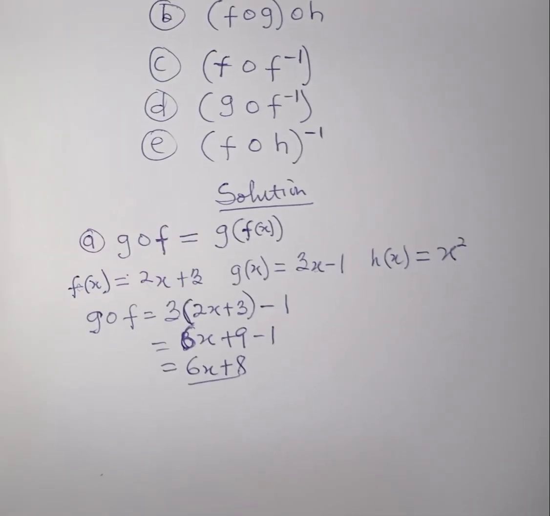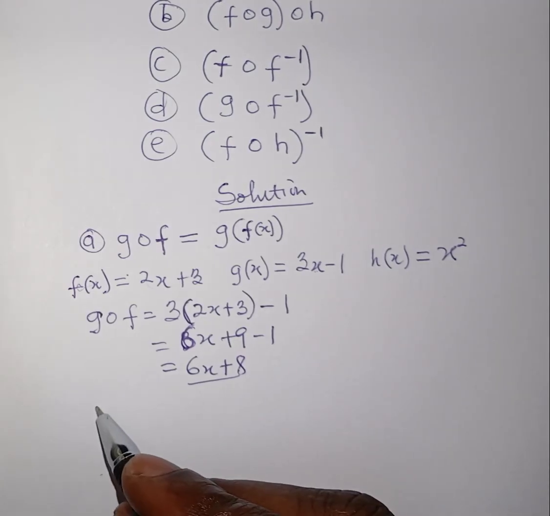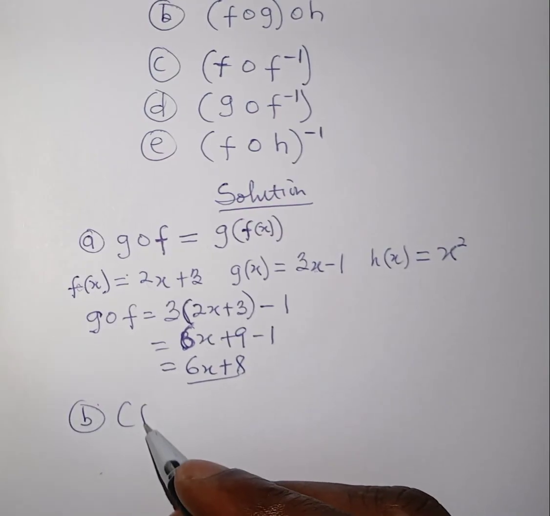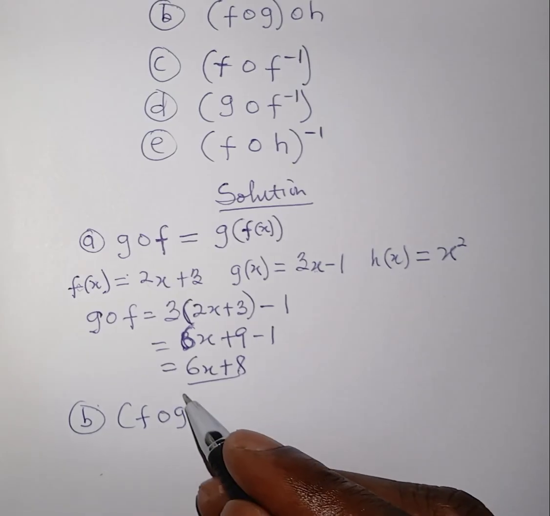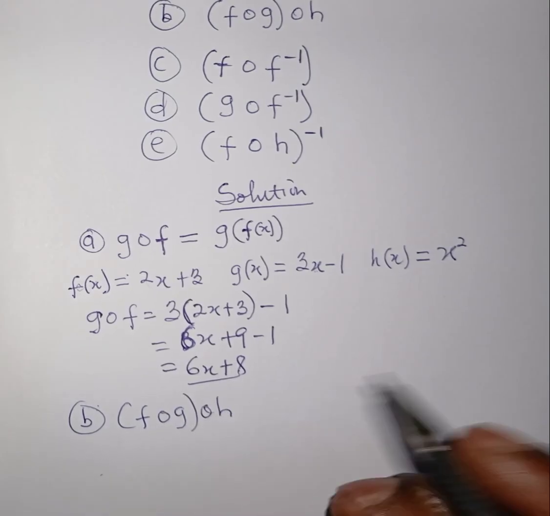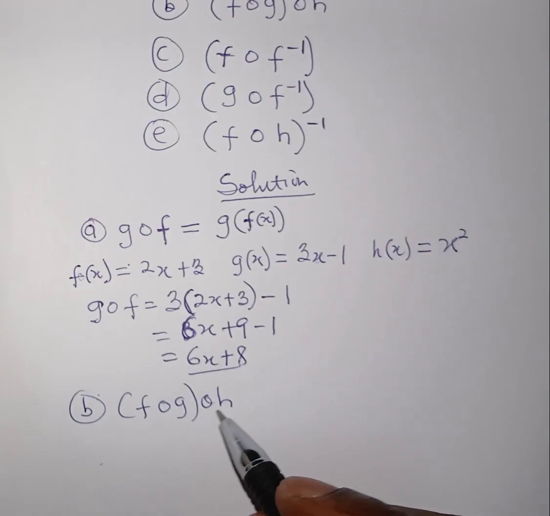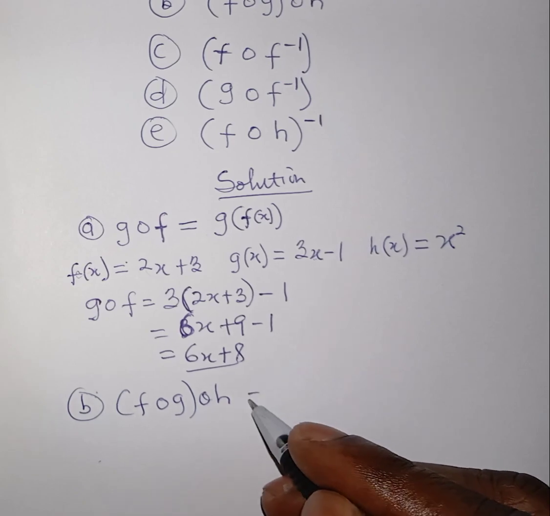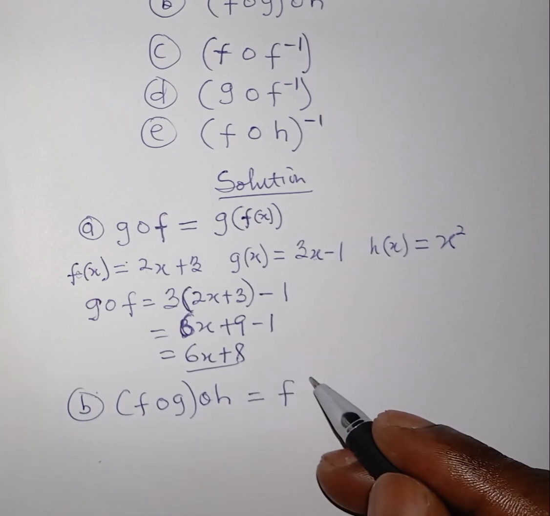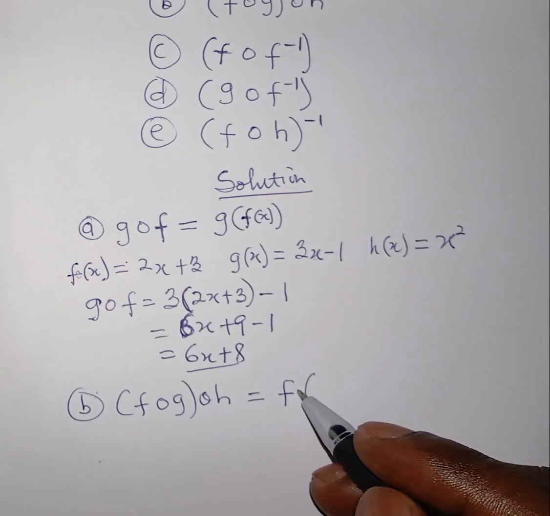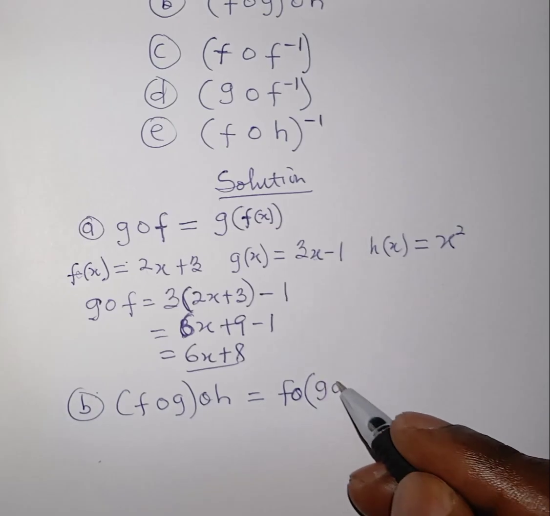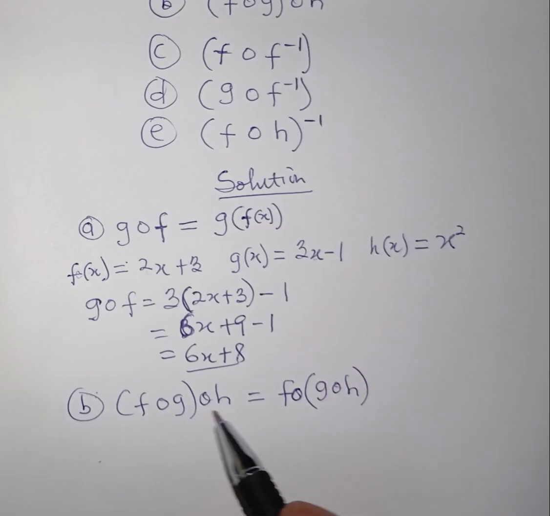So as I said earlier, these questions are very basic. Now let's look at the B part. For the B part, we are given this. When you are given this, remember in the properties we looked at, we said it means that you bring your o here, and you are going to put g o h in f.